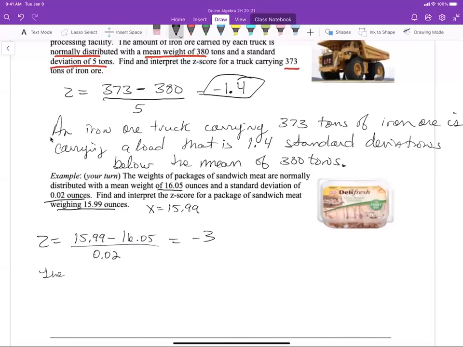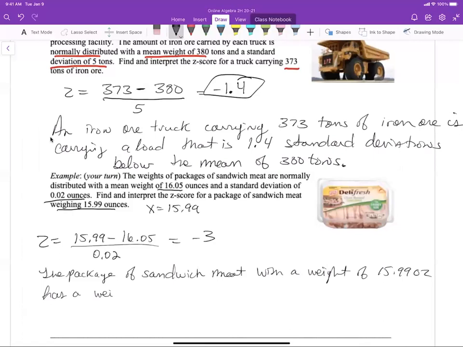And I would say the package of sandwich meat with a weight of 15.99 ounces has a weight of 3 standard deviations.